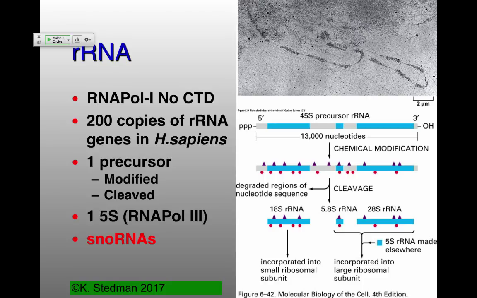What does that gene look like, or particularly what does the primary transcript look like? It's this big, almost 13,000 nucleotide long transcript. It's not capped, you'll notice here. Why is it not capped? Because there's no CTD. You don't have all the capping enzymes coming along with the polymerase.